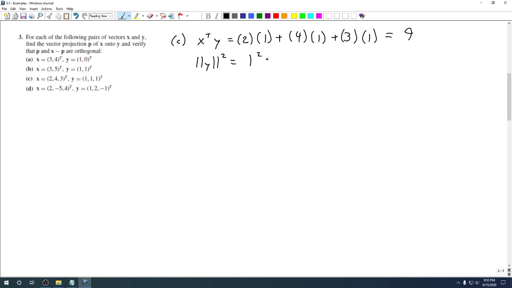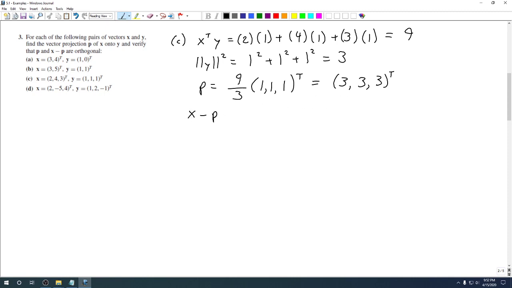Well, that's just 1 squared plus 1 squared plus 1 squared, which is 3. So p in this case, we have 9 over 3, times our y, which again is our 1, 1, 1 transpose. And so 9 over 3 is 3. We end up having to multiply all the 1's by 3. So our projection is 3, 3, 3.